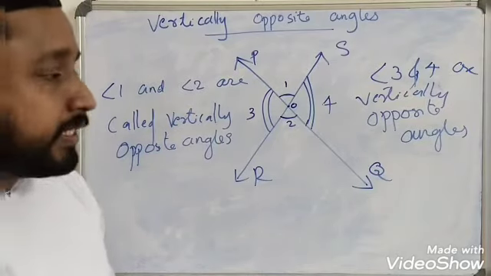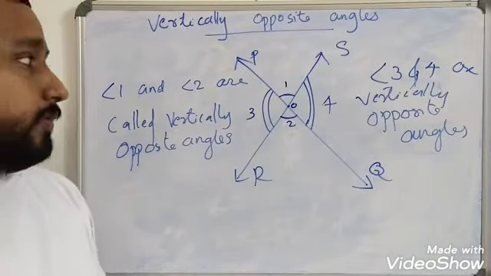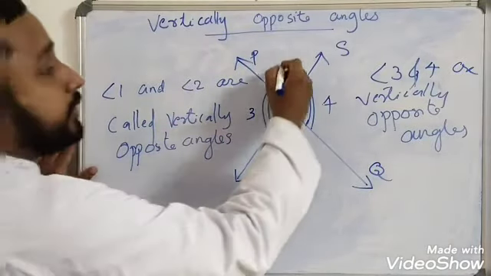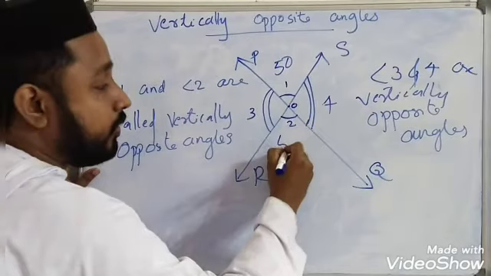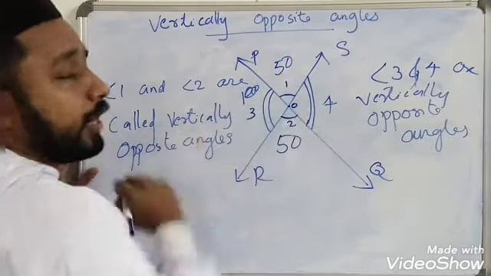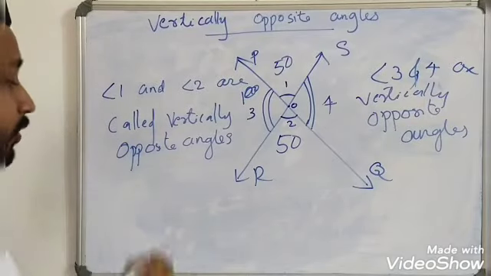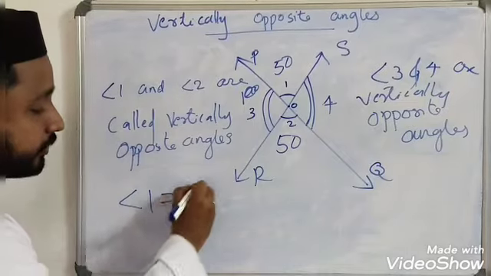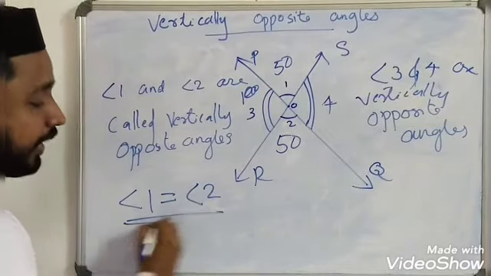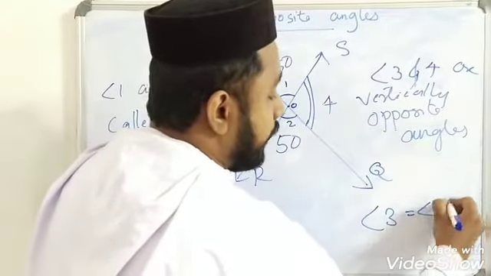Another speciality is that vertically opposite angles are equal. So if this is 50 degrees, this is also 50 degrees. If this is 100 degrees, this is also 100 degrees. So angle 1 is equal to angle 2, and angle 3 is equal to angle 4.